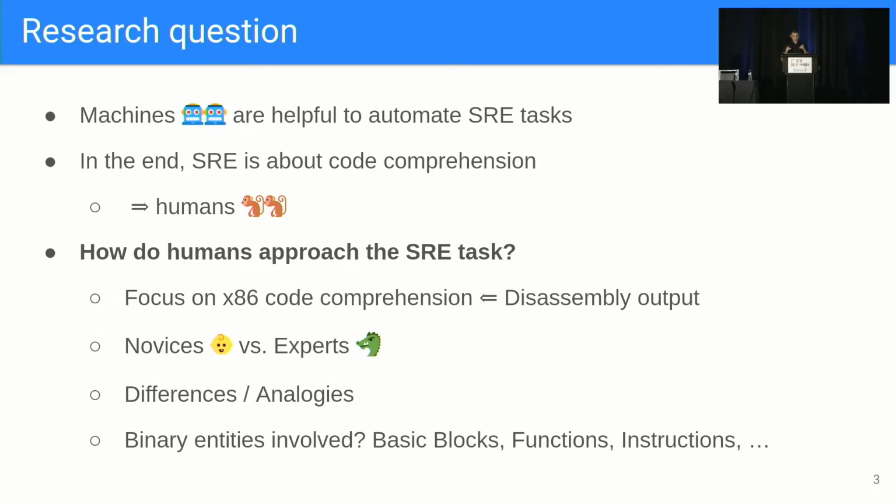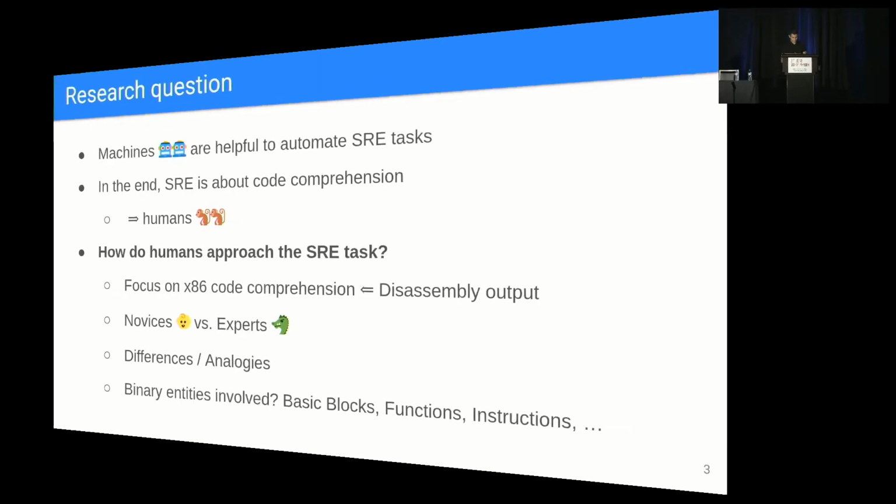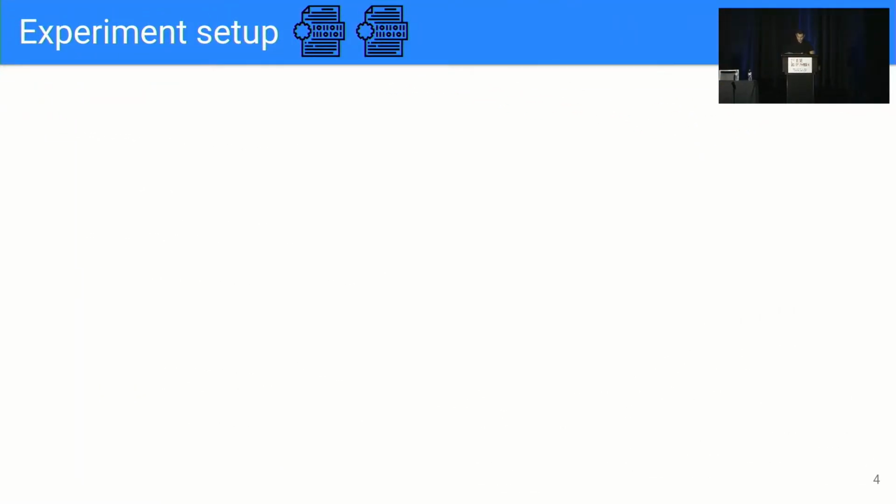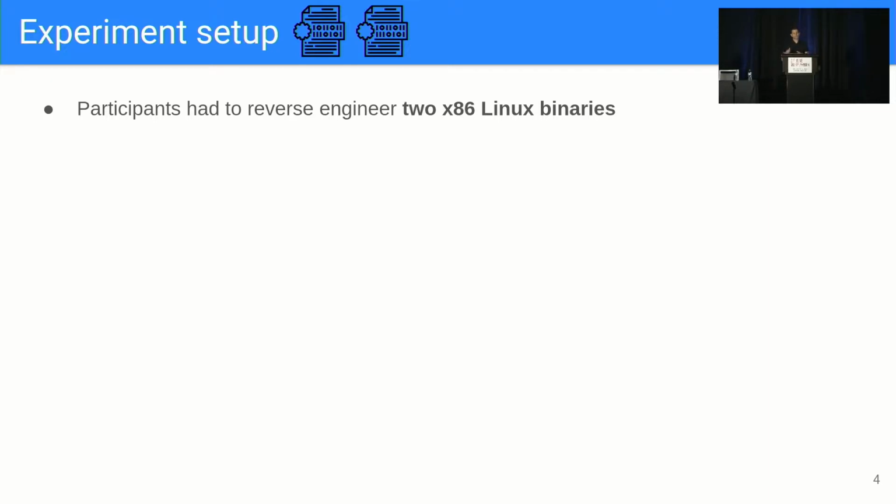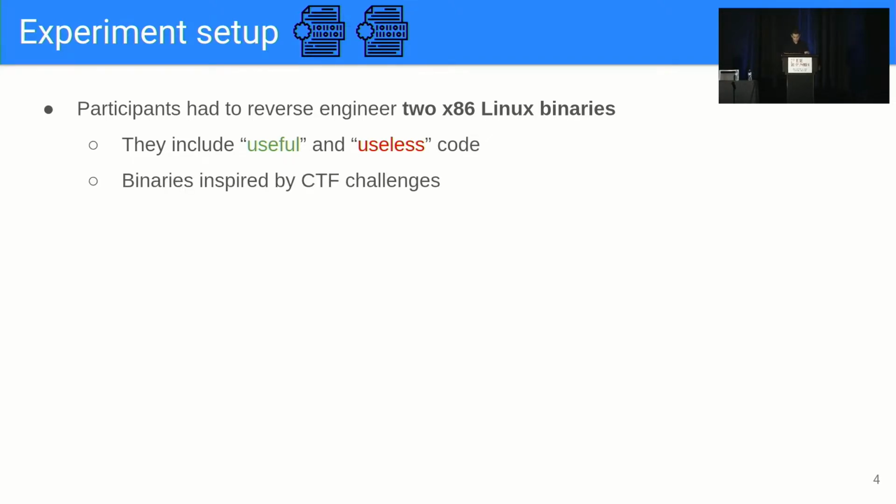We put particular effort into figuring out how they analyze the different binary entities involved, like basic blocks, functions, instructions, and so on and so forth. Okay, so our participants had to reverse engineer two x86 Linux binaries, and such binaries contain both useless and useful code.